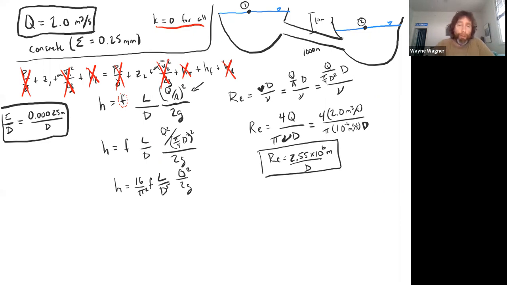So you can assume whatever you want. You can assume a Reynolds number and from there you could work the problem. Actually, that wouldn't really help you very much. But you could assume a velocity, a diameter, a friction factor, whatever it is you wanted to do.